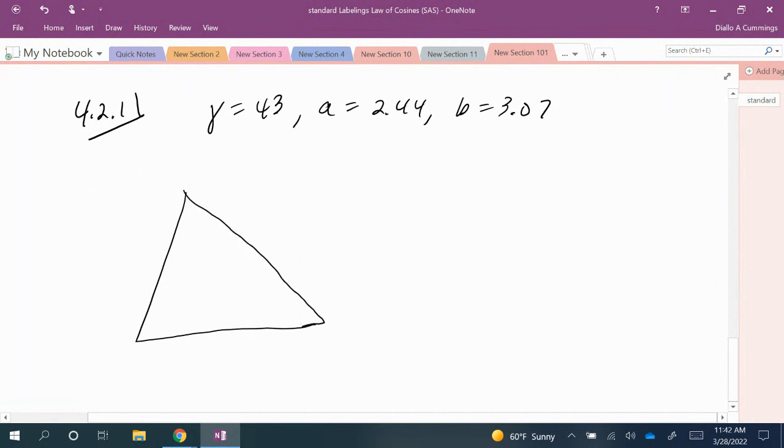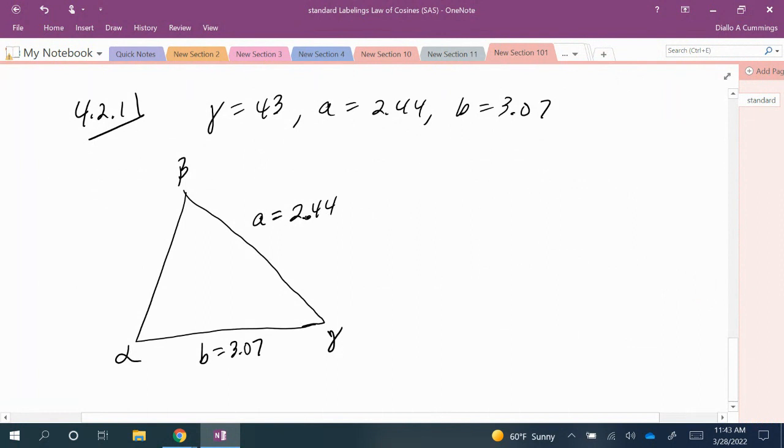So for standard labeling, we have alpha, beta, and gamma. Opposite angle alpha is side A, and that's 2.44. Opposite angle beta, we have side B, which is 3.07.